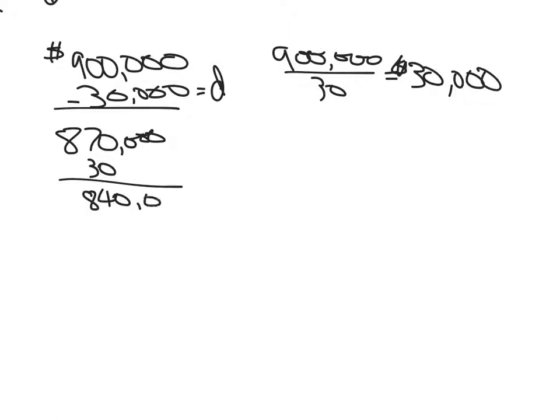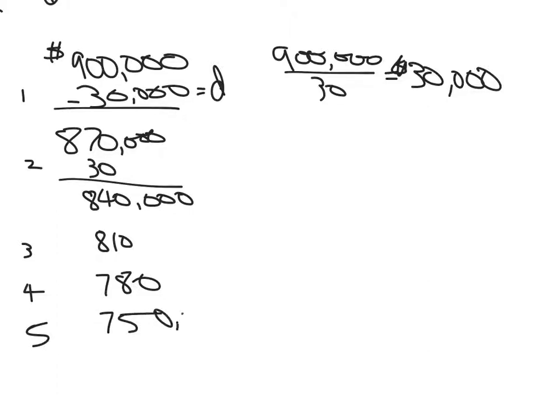So see how the common difference goes down the same each year. So this is the end of the first year. The second year, the third year, we're going to be down to 810. Fourth year, we're going to be down to 780. And the fifth year, we're going to take another 30 off and be worth $750,000. Okay, so that's just pretty much what's going on there.